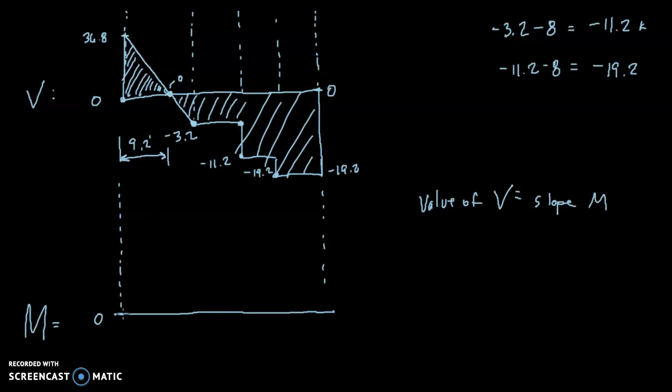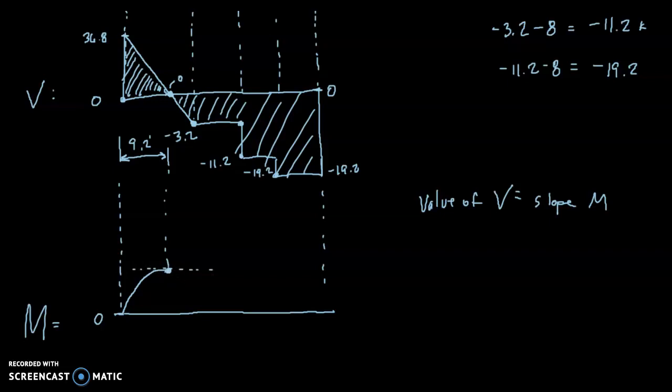It's going to take off like a rocket, and it's going to slowly decrease until at this point, 9.2 feet over, the shear diagram hits 0, which means the slope of the moment diagram is 0, which means it's horizontal. It's tangent to a horizontal line. So in other words, it's peaked at this point.